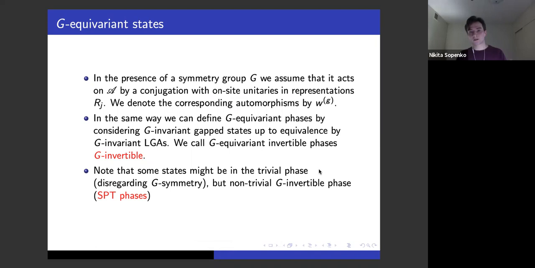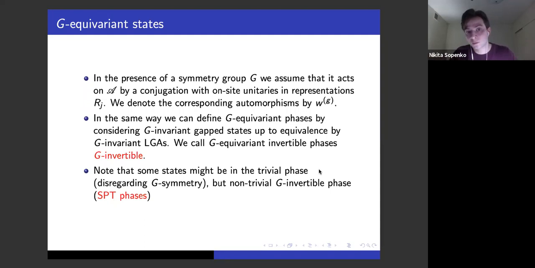So we can consider some group action, which will be just a unitary action, but in principle, physically relevant is also to consider anti-unitary action, like time reversal symmetry. And we'll be assuming that this action is on site, so that each site is in some unitary representation of this group. And the action corresponds to some automorphisms, which is just conjugation with the tensor product of all these unitaries.